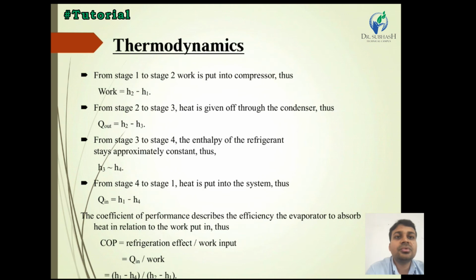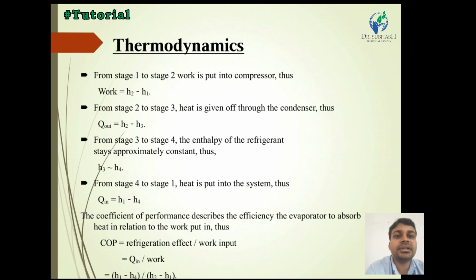From stage 2 to stage 3, heat is given off through the condenser. Thus, Q out is H2 minus H3: we remove heat to the atmospheric condition, and the higher enthalpy is H2, and the refrigerant's temperature goes down to H3. From stages 3 to 4, the enthalpy of the refrigerant stays approximately constant.